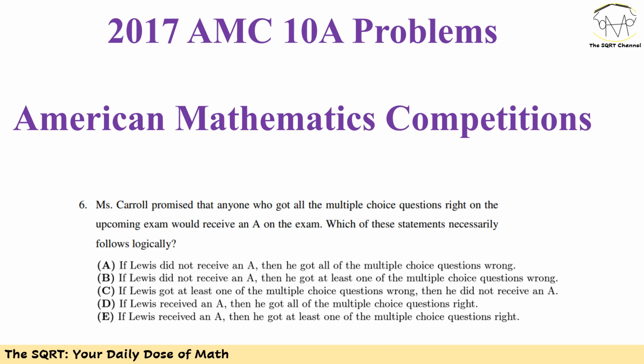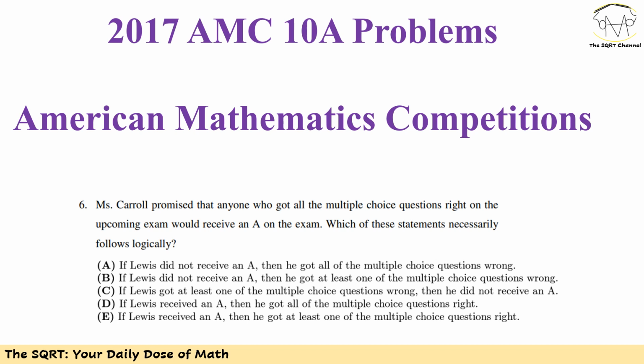Now let's talk about problem number 6. A teacher promised anyone who got all the multiple choice questions right will get an A on the exam. Now we have 5 choices, and we are going to find which of these necessarily follows logically. Choice A: if the student did not receive an A, then he got all the questions right.